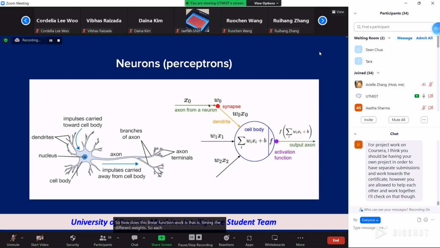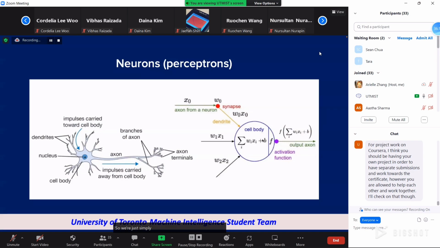Each dendrite over here has a different weight. So this is W naught, this is W1, and this is W2. It's gonna multiply to different inputs, and by adding a constant B factor, if you see this in your function, AX plus B, everyone has seen it, right? What B does is that it enables a vertical shift to the function, so that your function is not always sourced from the origin, right? It's just used as an adjustment factor over here.